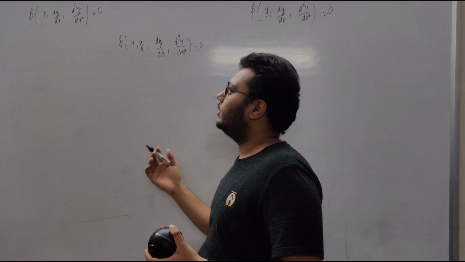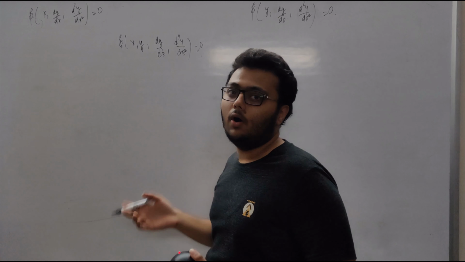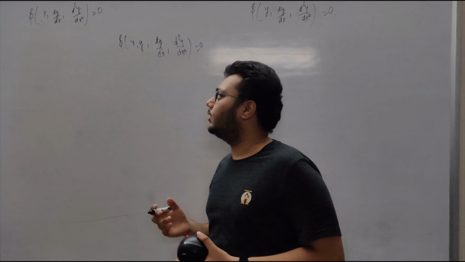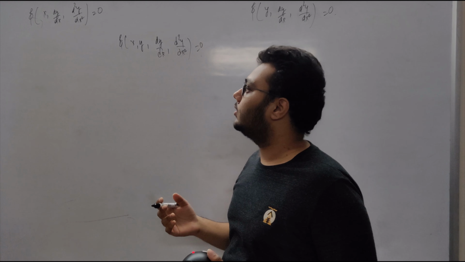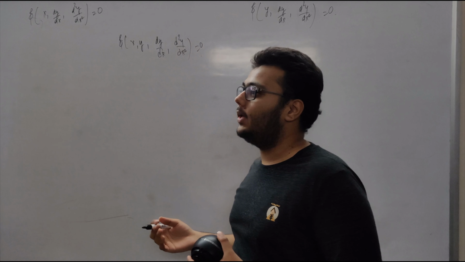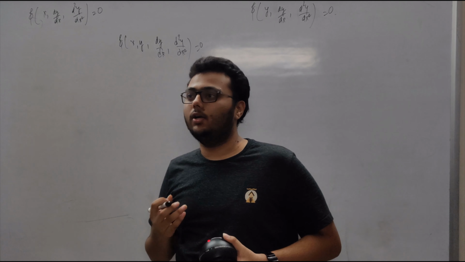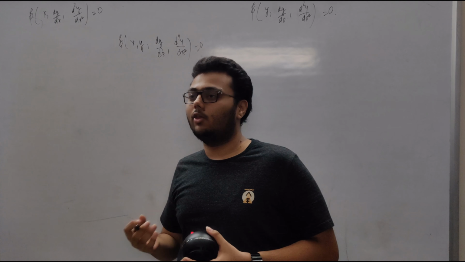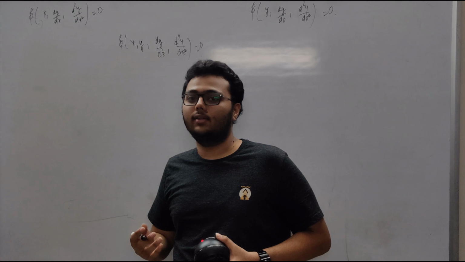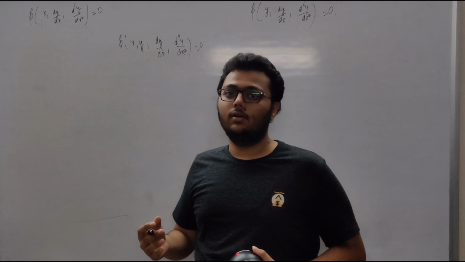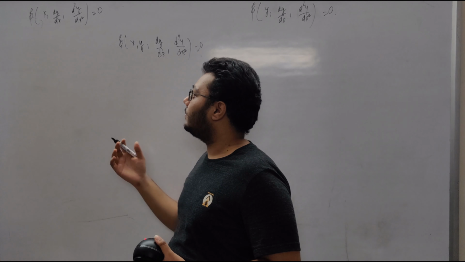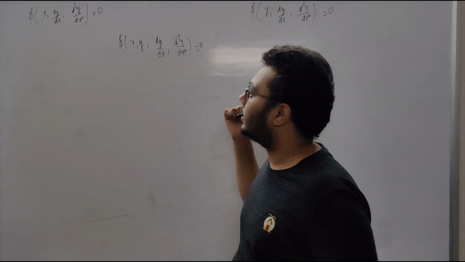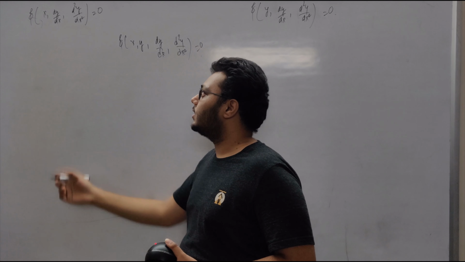That is, the y term would be absent or the x term would be absent, and the order could be anything. There could be a term with y cube into dy by dx or y cube into d2y by dx square or anything like that. But there will be no x term in that case, and there will be no y term in this case.